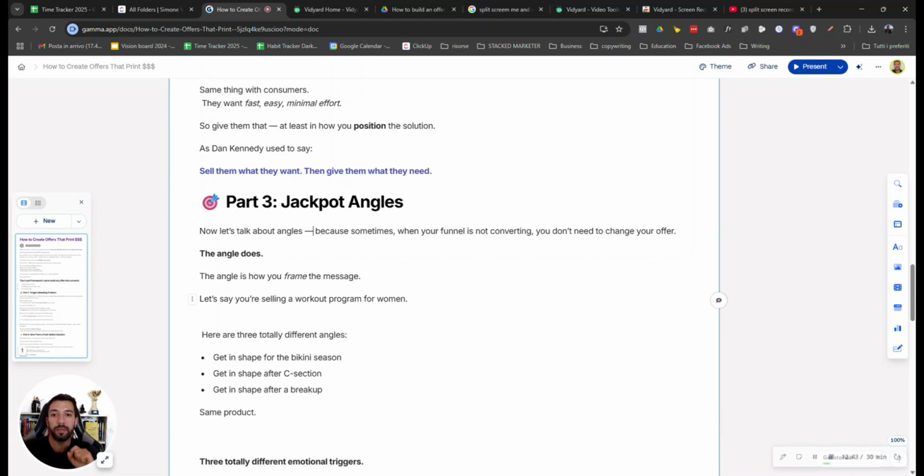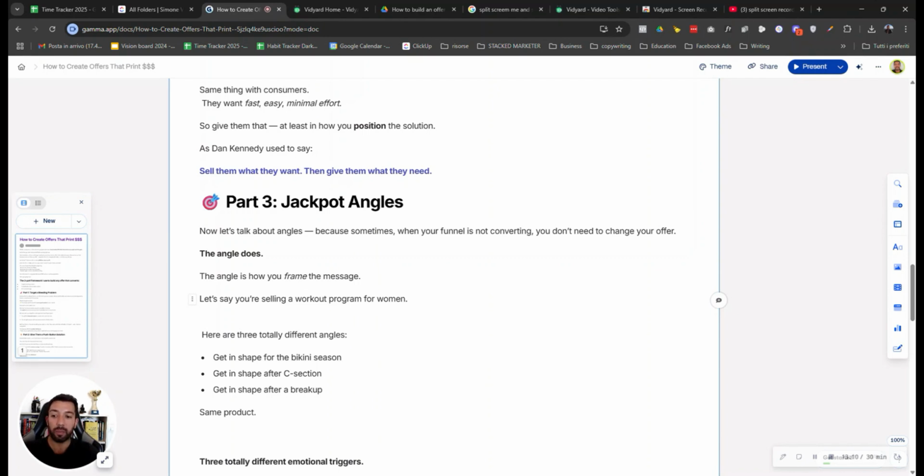So if you're selling a workout program for women, there are three angles. You can sell the angle of getting in shape for the summer, for when you're going to wear your bikini. Or getting in shape after a C-section. A woman who's been pregnant and had the baby, it's a very different emotion, right, from the woman who wants to go to the beach and feel attractive.